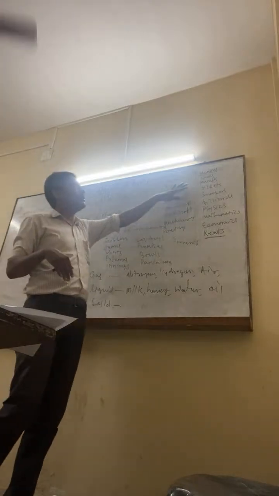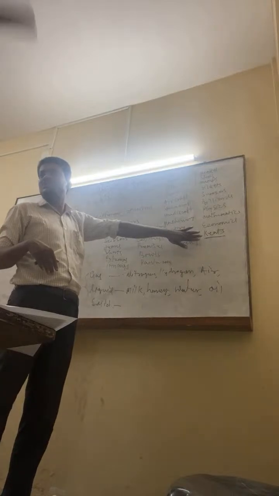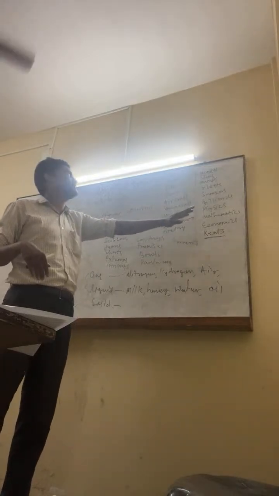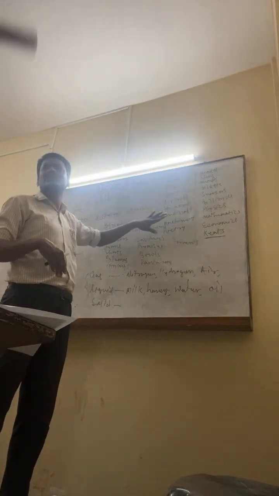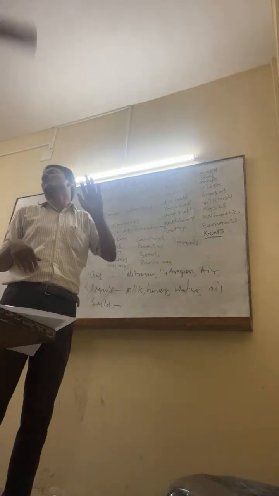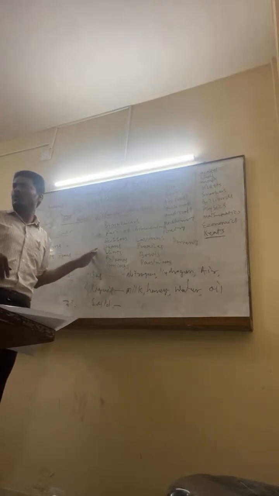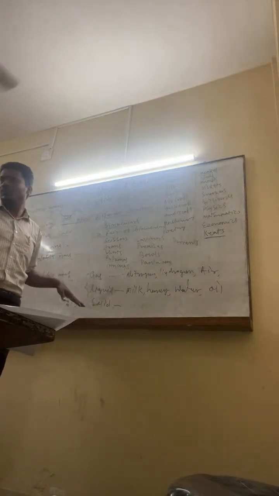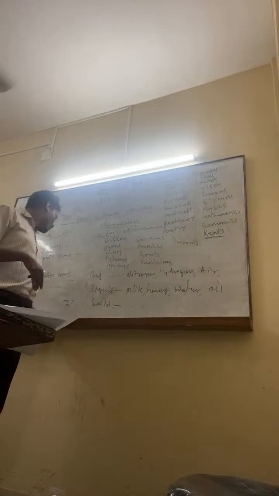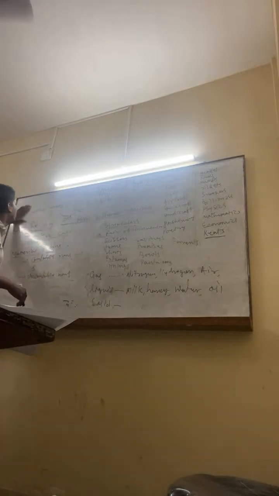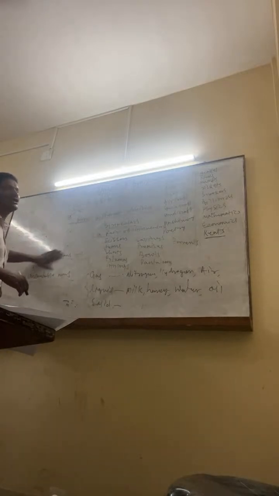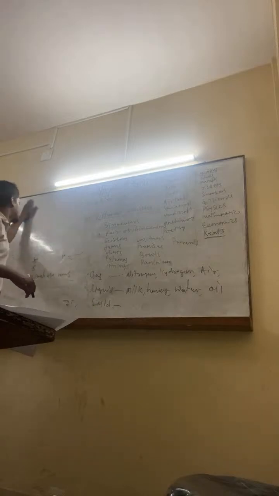Some words seem plural but are used as singular. These look singular but can be used as singular as well as plural. And these plural words are used as plural. Got my point?